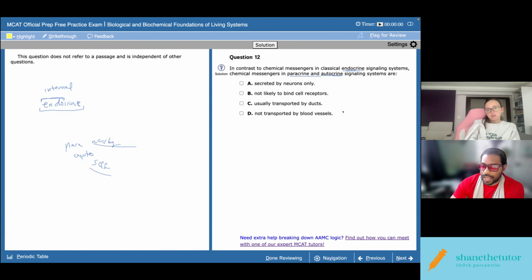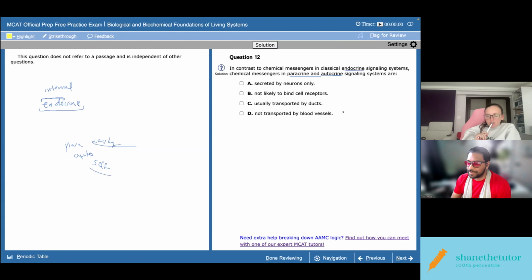Okay. Are you saying that if they were close by, it wouldn't go through the blood vessels? How would it have reached the other cell? If it's nearby, it can just release it into the interstitial space.